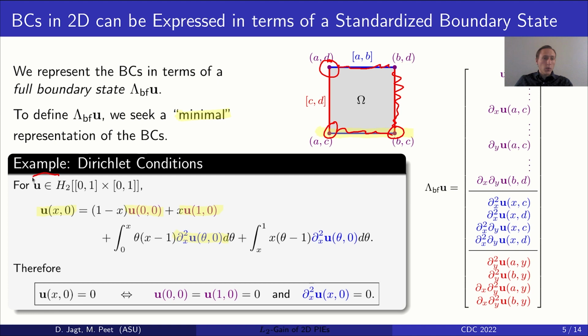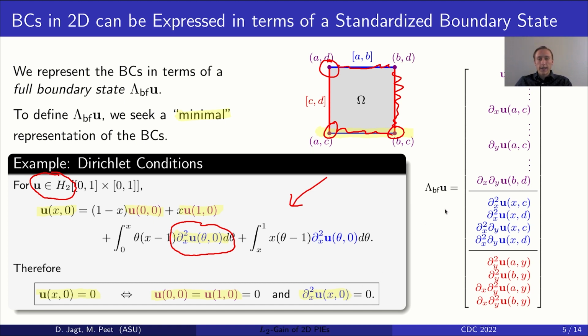Now, since our PDE state is only second order differentiable along each spatial direction, we note that this second order derivative of the state cannot be decomposed any further, and we refer to this representation as minimal. So in this way, we can equivalently represent our Dirichlet boundary conditions here in terms of these corner values and this second order derivative, or in terms of this minimal representation.